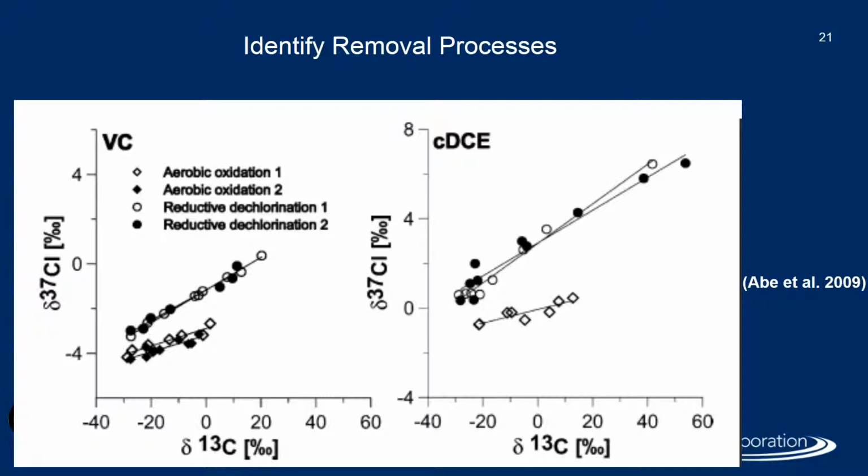As you can see, isotopic ratios shift toward positive values over time. So the important point is that the slopes are also different for aerobic oxidation and reductive dechlorination. So we can use dual isotope plots to distinguish between different processes.